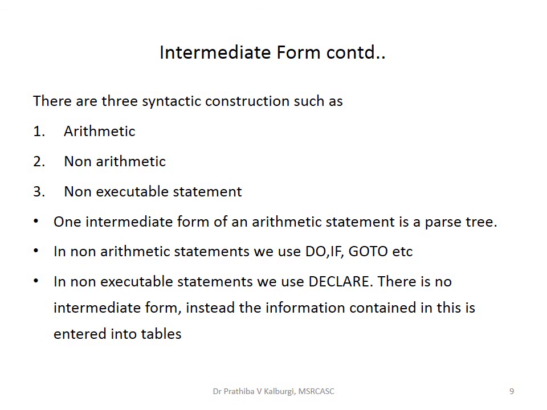Instead, the information for the non-executable statement is entered into a table which is used by the other parts of the compiler. For example, we have a declare statement, and it is interpreted during the intermediate phase, such as we identify the data types, the precision, length, and then the storage class, which is specified in the identifier table.